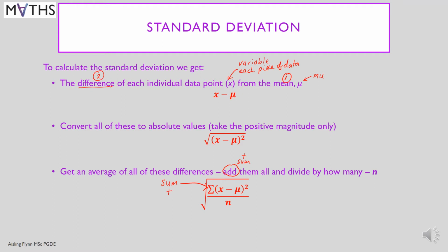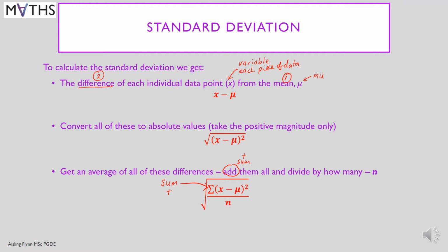So sum all the differences that you've squared, divide by how many to give you the average, and take the square root to bring you back to just your value after you've squared it. I'm showing you it written like this because this is how the formula is presented in your formula and tables book.